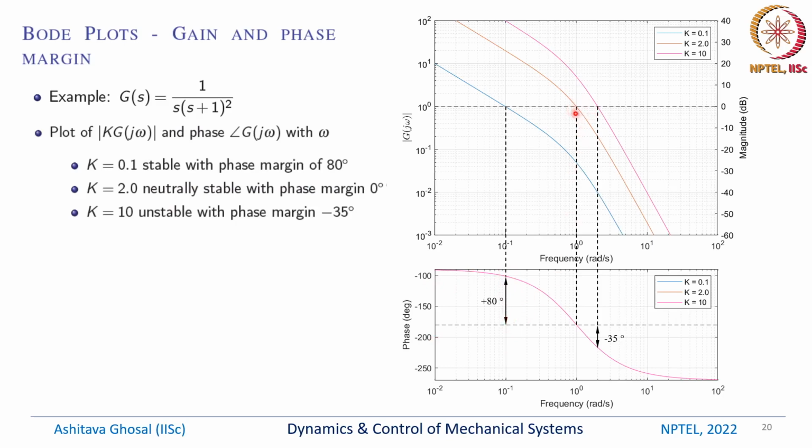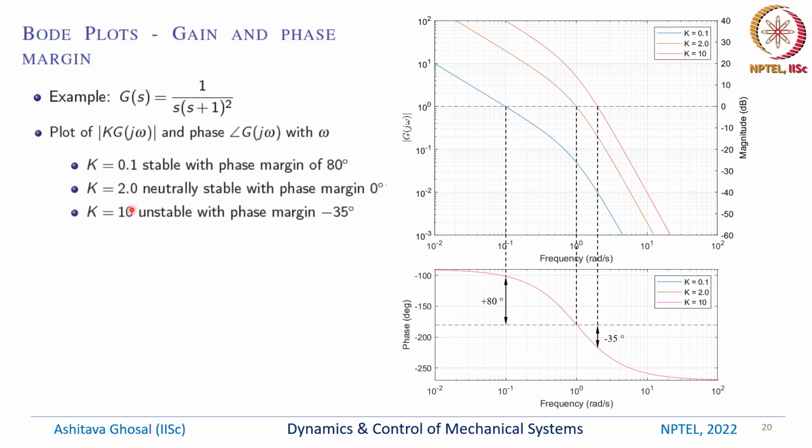Whereas when it is at neutral stability, which is at this point k equals 2, you can see that the phase is minus 180 degrees. So there is no phase margin here. Whereas when it is unstable, which is k equals 10, you can see that the phase margin is minus 35 degrees. So basically there is a negative phase margin, which means it is unstable.